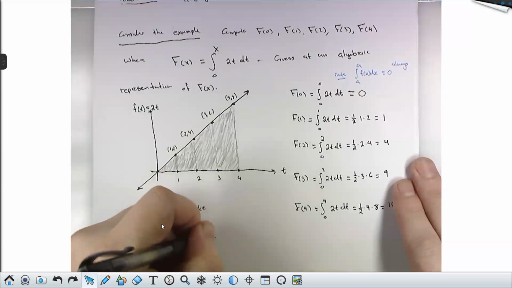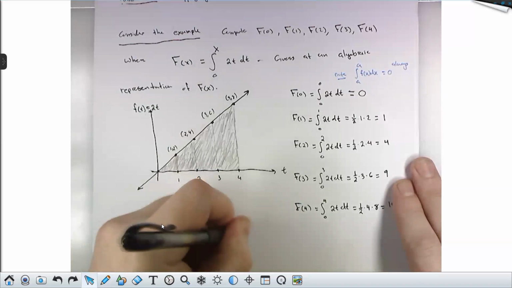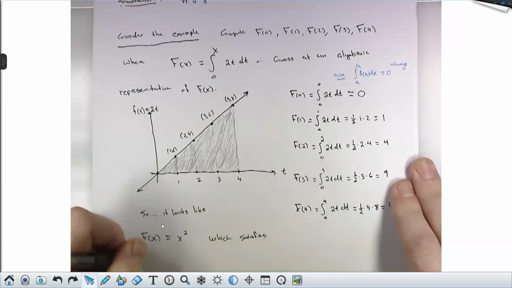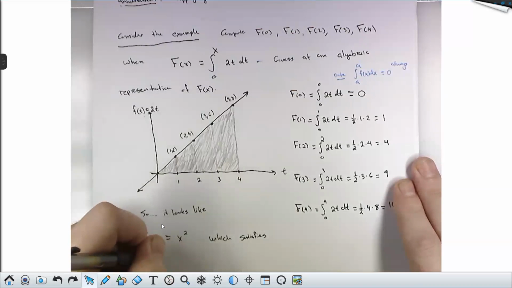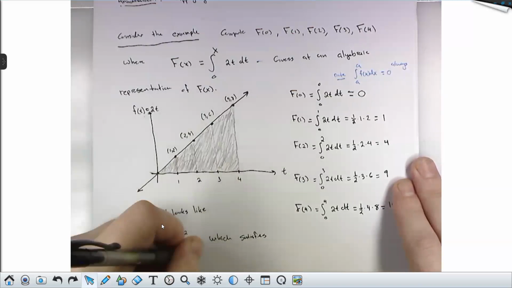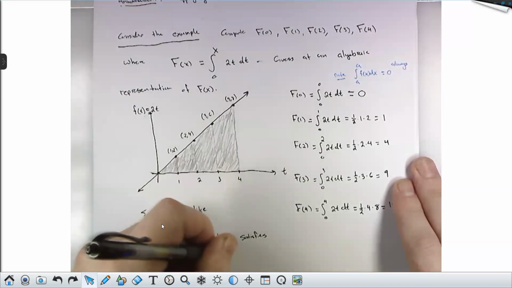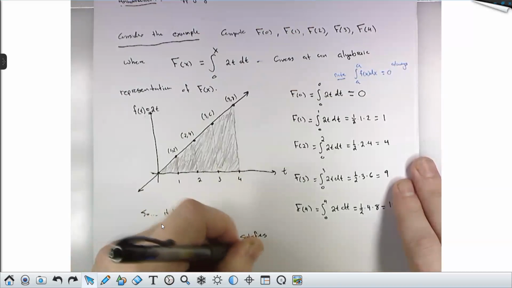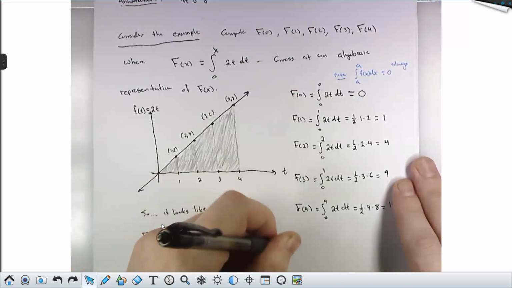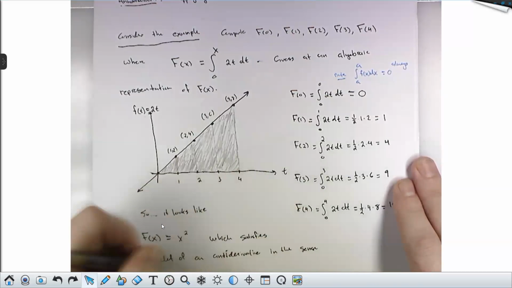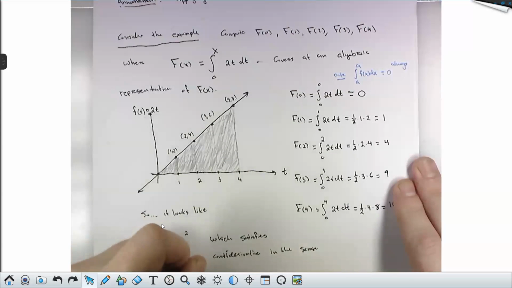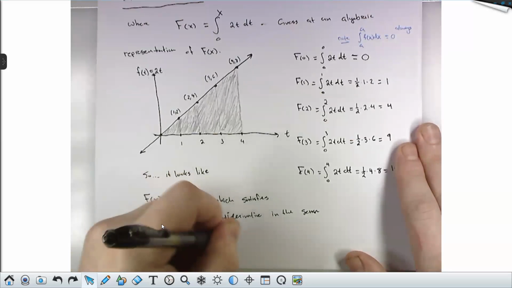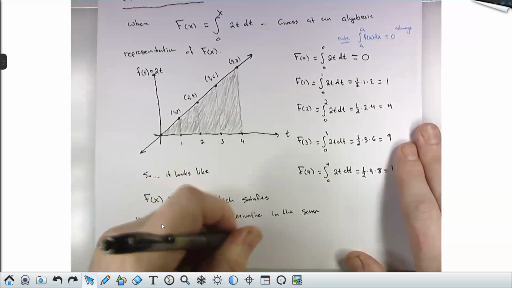So the note I would make here is that this satisfies the definition of an antiderivative, in the sense that capital F primed of x is equal to little f of x, right?